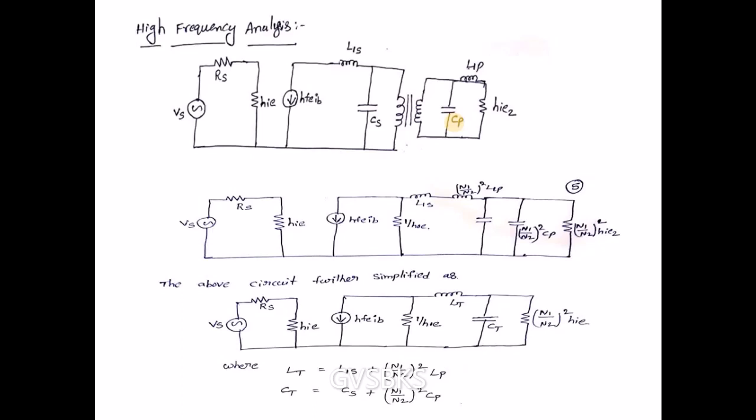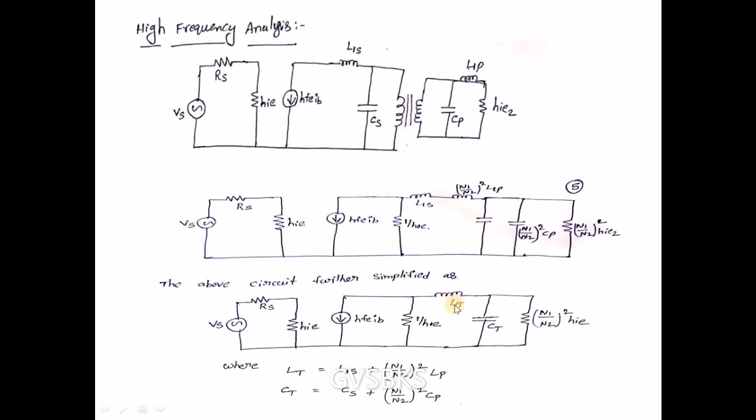Because of these series leakage inductances and distribution capacitances, the gain decreases at high frequencies. The above equivalent circuit can be simplified like this, and it can be further simplified as this circuit.